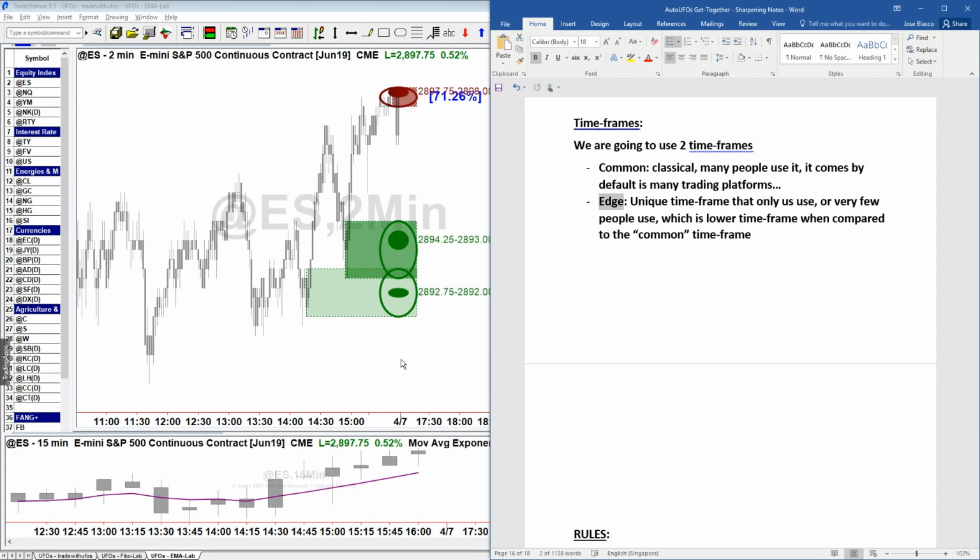So whatever candles and UFOs that we see in there may not look like what everybody sees. So our entries and stops are going to be located at prices that other people may not have. And that's going to be helpful not only to be more precise, but also to minimize the probability of being stopped out.